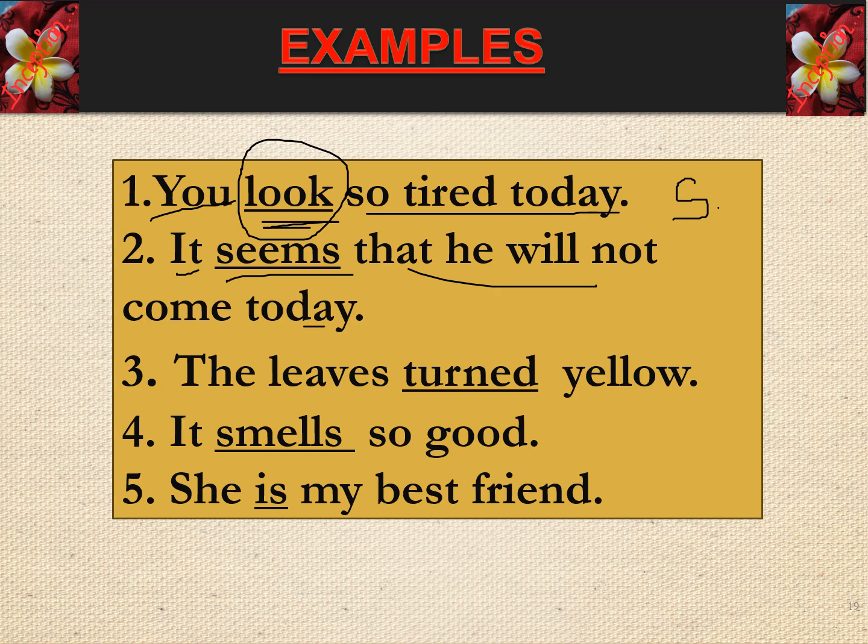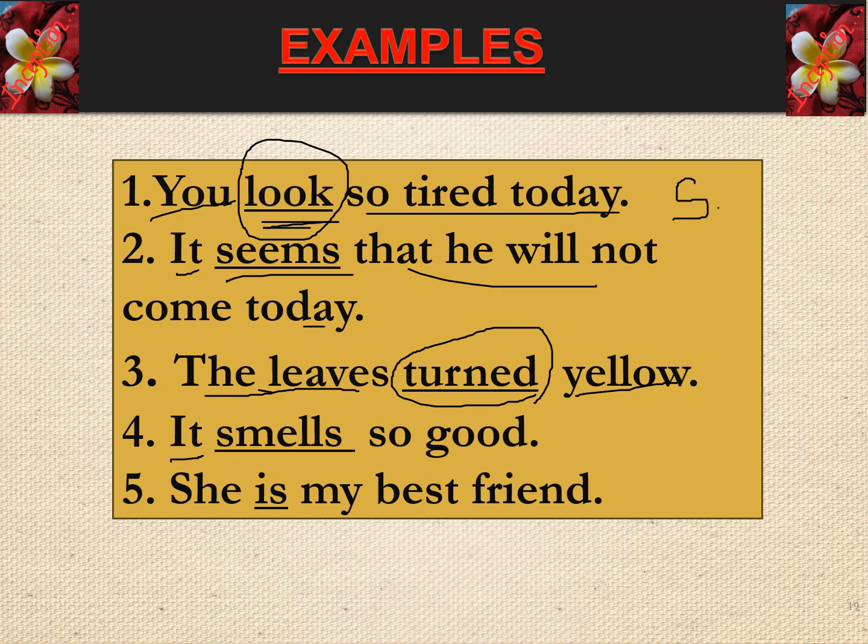Next, the leaves turned yellow. The leaves is the subject and yellow is the information about the subject. But the linking verb is joining these two and makes the sentence meaningful. Right? Got it, everyone?